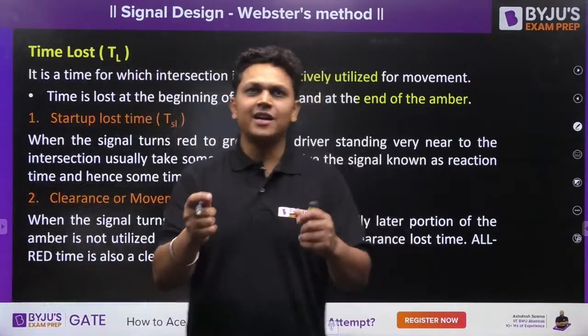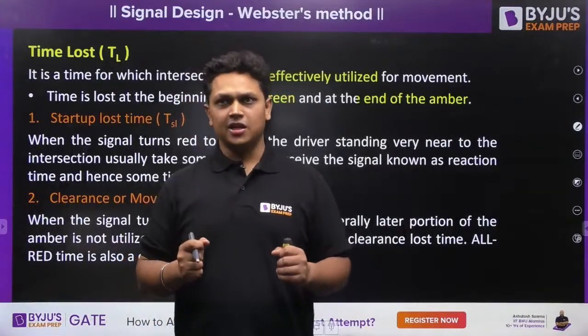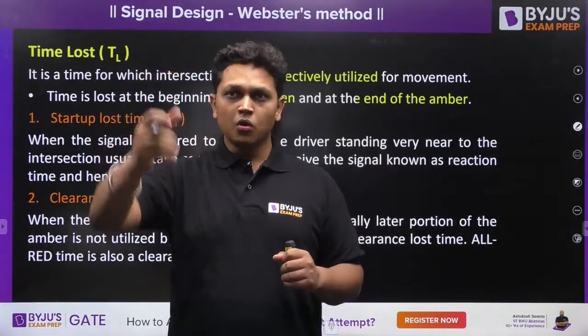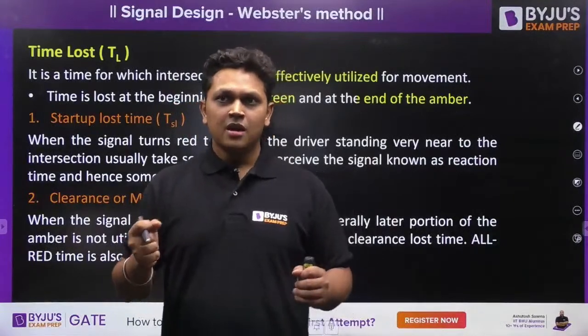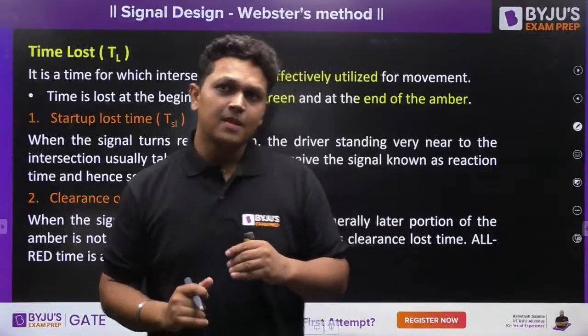Now suppose you are standing at a signal, and you are having a red light. As soon as you see the green light, you will press the accelerator and move your vehicle. But while doing so, there will be a lag of 2 to 3 seconds.